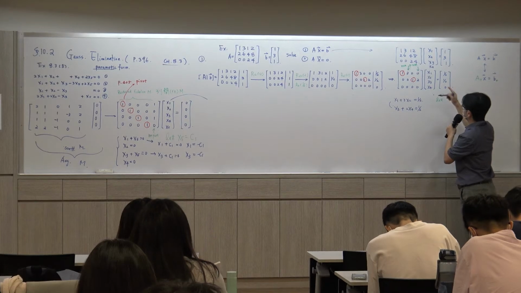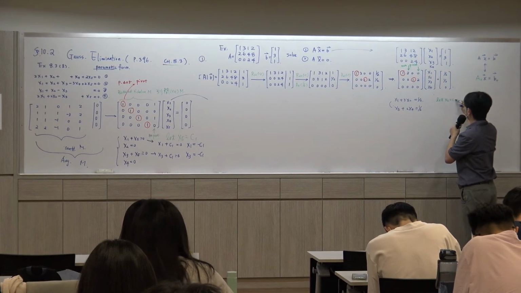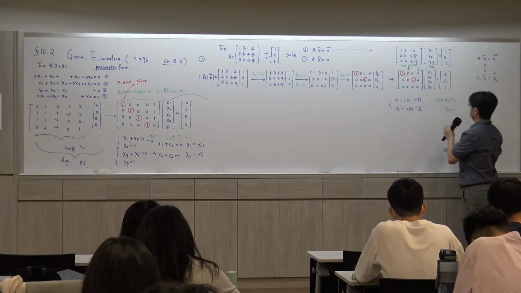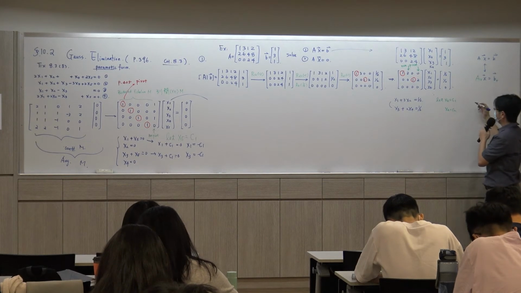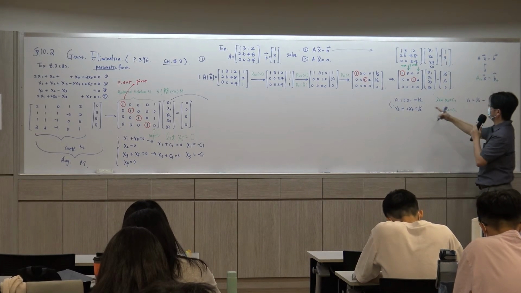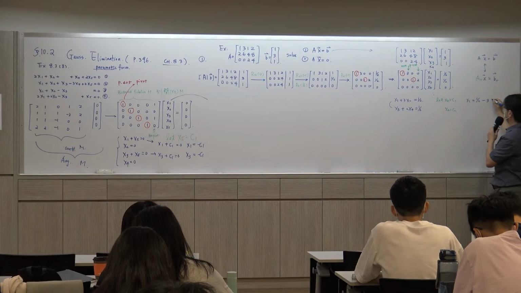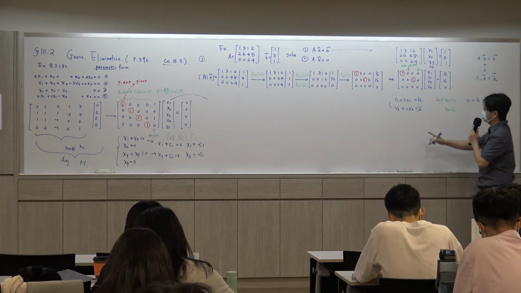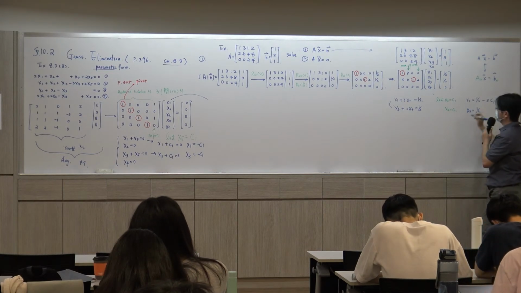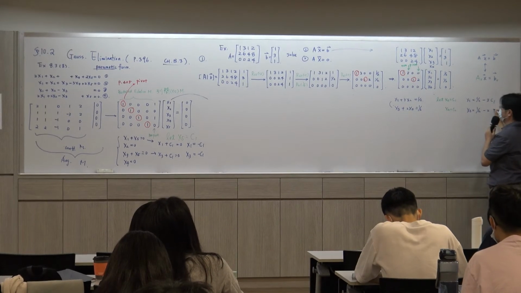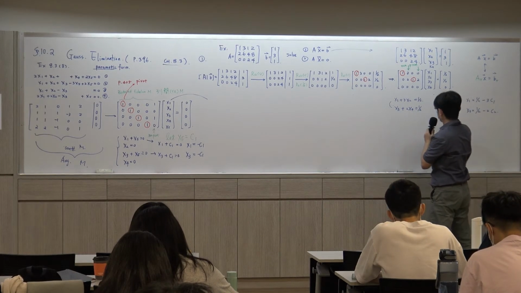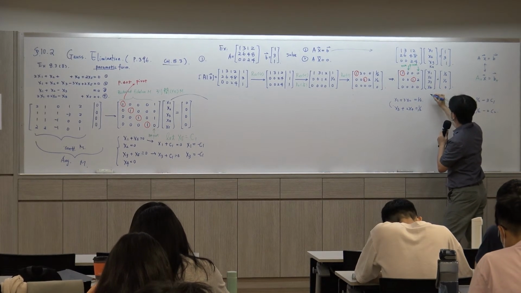So we let S2 equal C1, let S4 equal C2. So we can have S1 equals 1/2 minus 3 C1, and S3 equals 1/2 minus 2 C2, right?